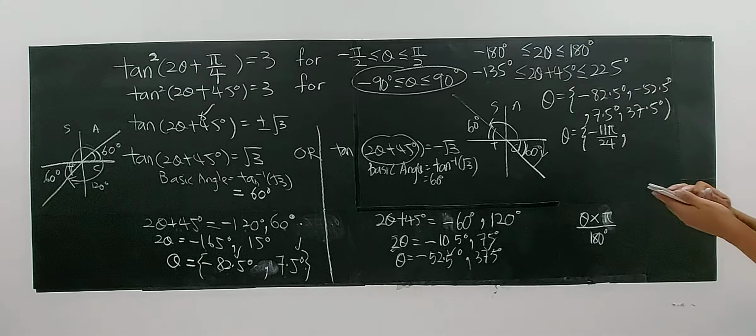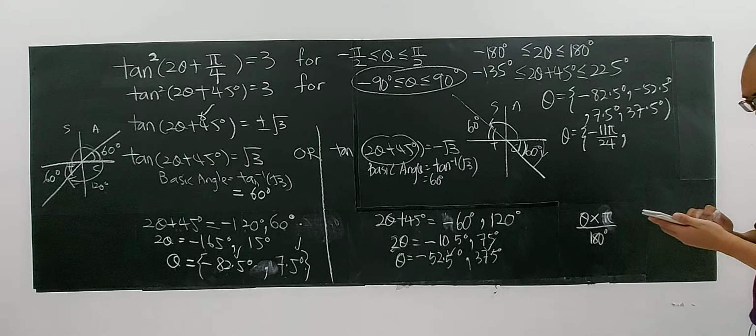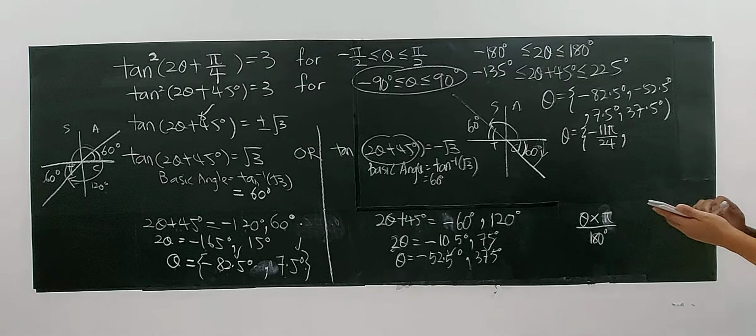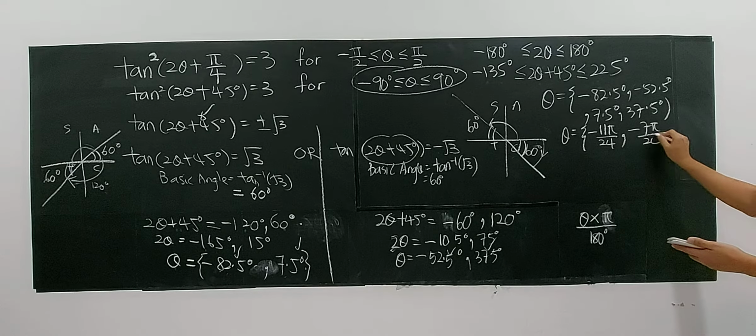And negative 52.5 times pi divided by 180, you will have negative 7 pi over 24.